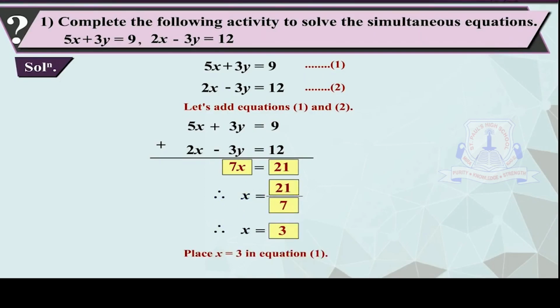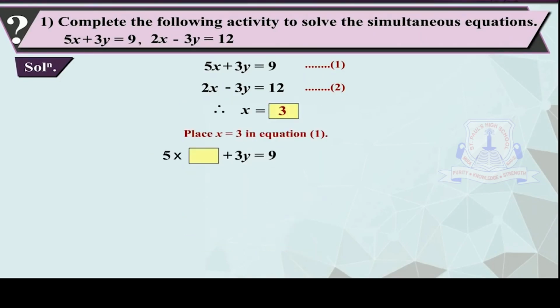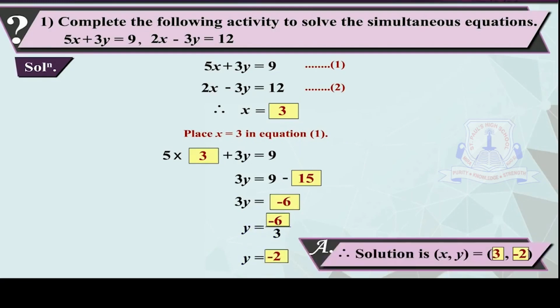Place x equal to 3 in equation 1. 5 into 3 is 15, plus 3y is equal to 9. 3y is equal to 9 minus 15. 3y is equal to minus 6. Y is equal to minus 6 upon 3. Y is equal to minus 2. Solution is x comma y is equal to 3 comma minus 2 in the bracket.